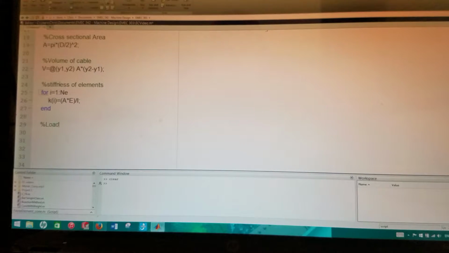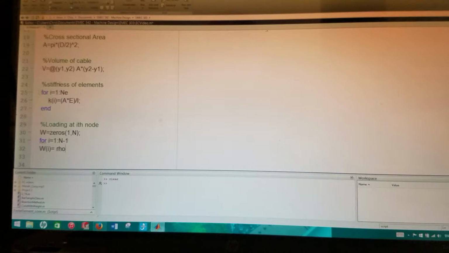And then we are going to define the loading at each node, so the loading at the ith node. We're going to start by defining the load as zeros initially at all points. And then for i equals 1 to n minus 1. The reason we are going from 1 to n minus 1 is because we know the weight applied at the final node is equal to just the weight applied from the bales.